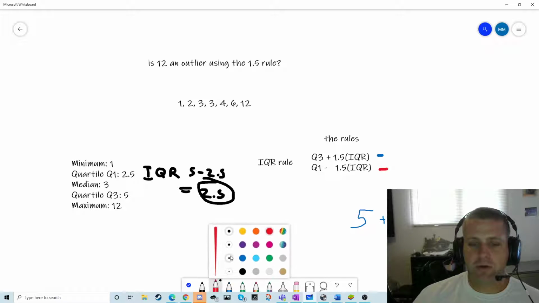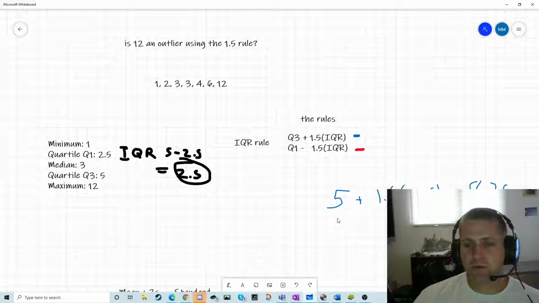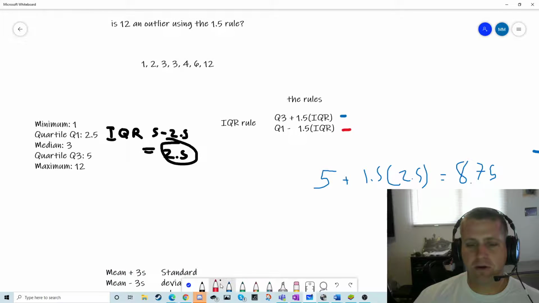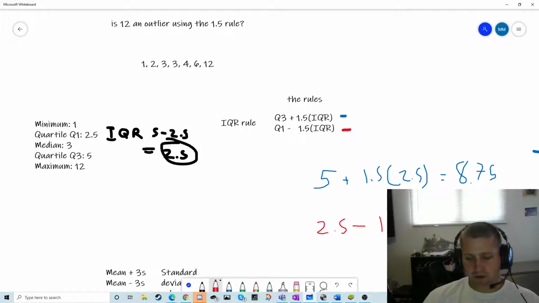Now we're going to work with red, and I'll do my lower boundary. I take Q1, which is 2.5, minus 1.5 times my IQR. Again, fancy calculator.